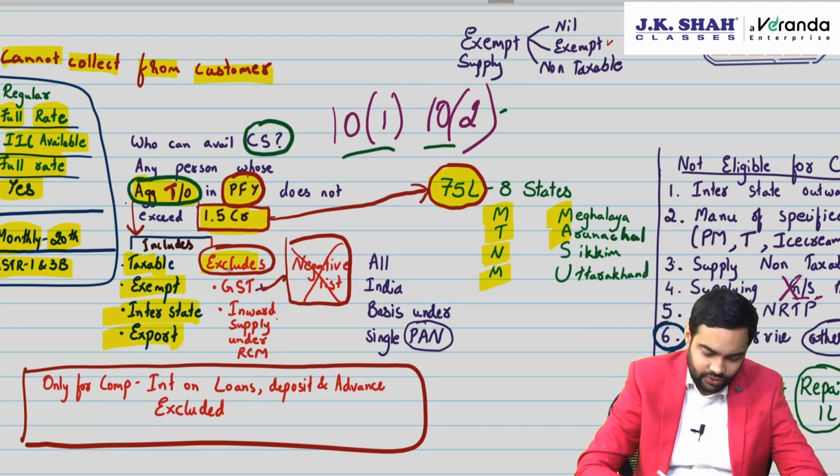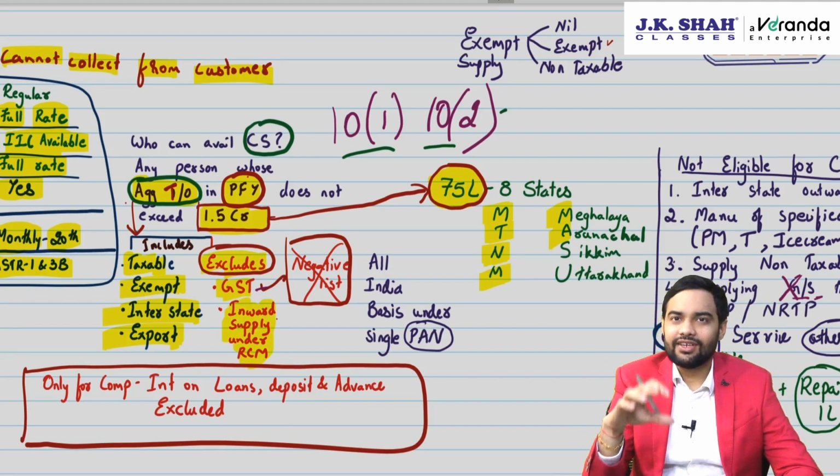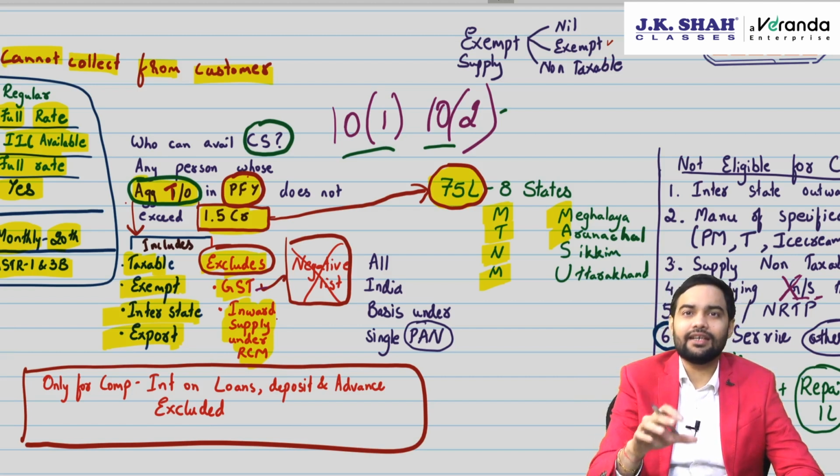But it excludes GST and inward supply under RCM. Careful. Inward supply under RCM is given in the exclusion to give clarity, saying that RCM, though you are going to pay the tax as a registered person, still it will not become part of your turnover. That is the reason why inward supply under RCM is there in the exclusion.